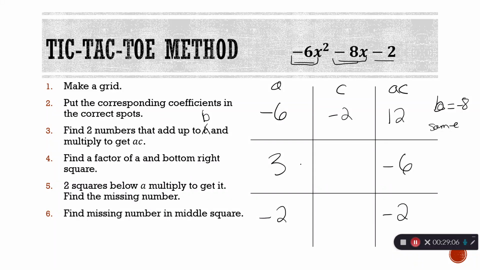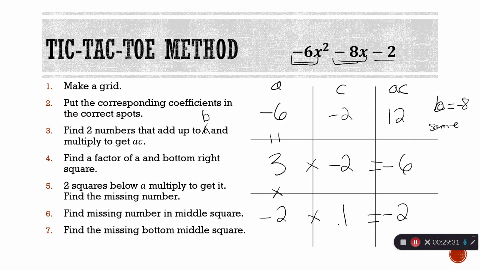We do that by doing 3 times what gets me negative 6, and that's negative 2. Here, it's the same thing. Negative 2 times 3 gets me negative 6. And now same thing here. Negative 2 times what gets me negative 2, and that's 1. Okay? We found the missing square.